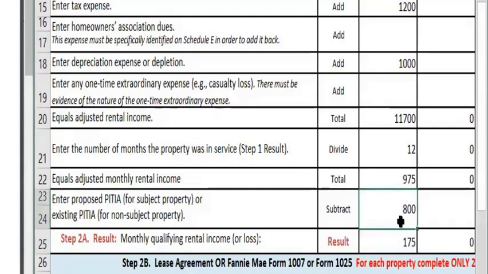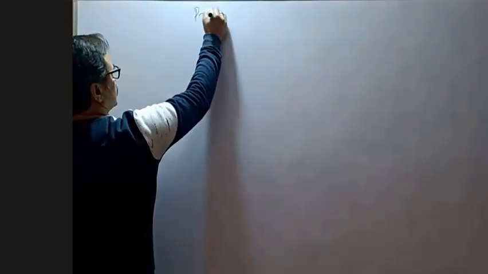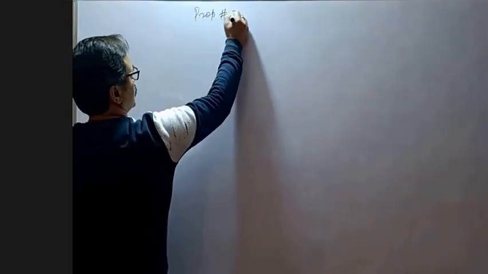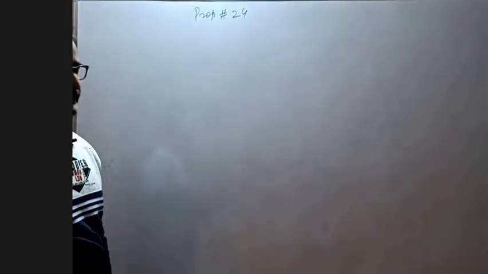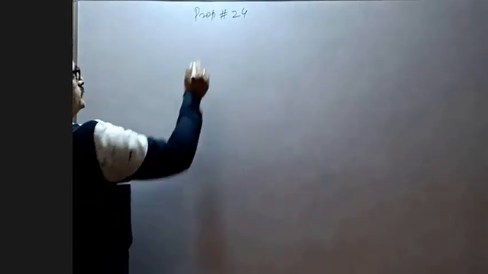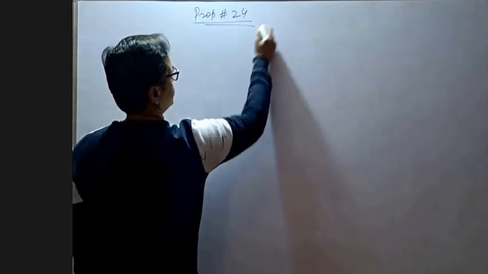Let me go to my whiteboard and then we will see what is happening here. Property number 24, which we were just looking at in our example, in the tax return schedule.